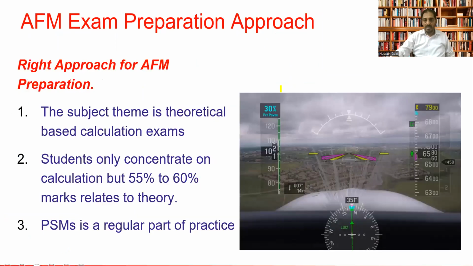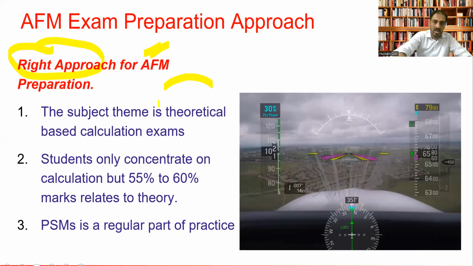Okay, candidates, this part of the session is now going to conclude with some important points. What is the right approach for the AFM? Number one, we cannot ignore the theory because this is a theoretically based calculation paper.